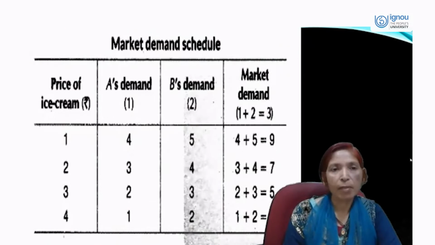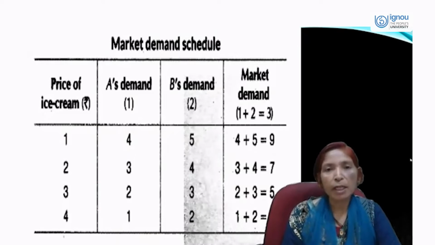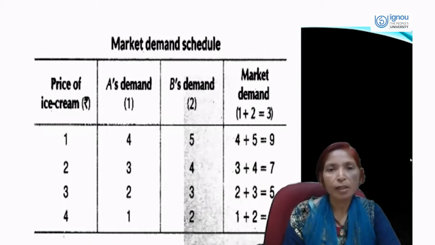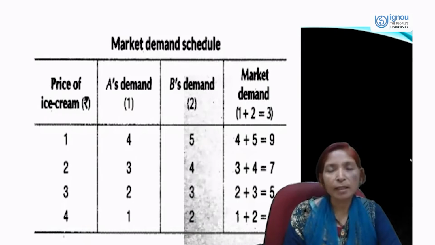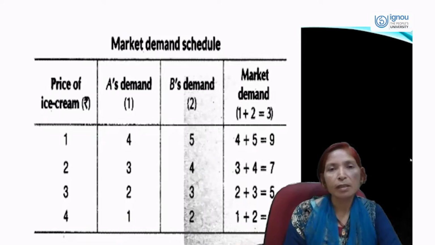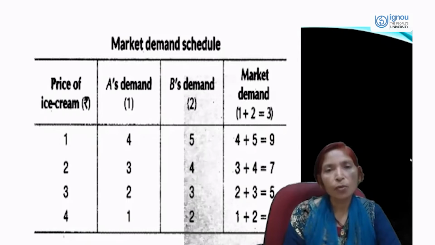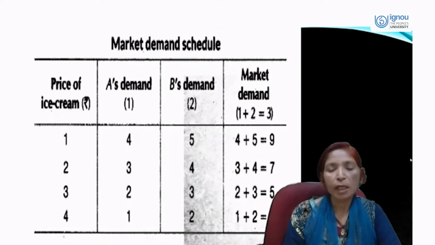Now this is market demand schedule. Market demand schedule is the summation of individual demand schedules. In this table, the price of ice cream is given as 1, 2, 3, 4, and the quantity demanded by individual A is given as 4, 3, 2, and 1. And B's demand is also given as 5, 4, 3, 2.